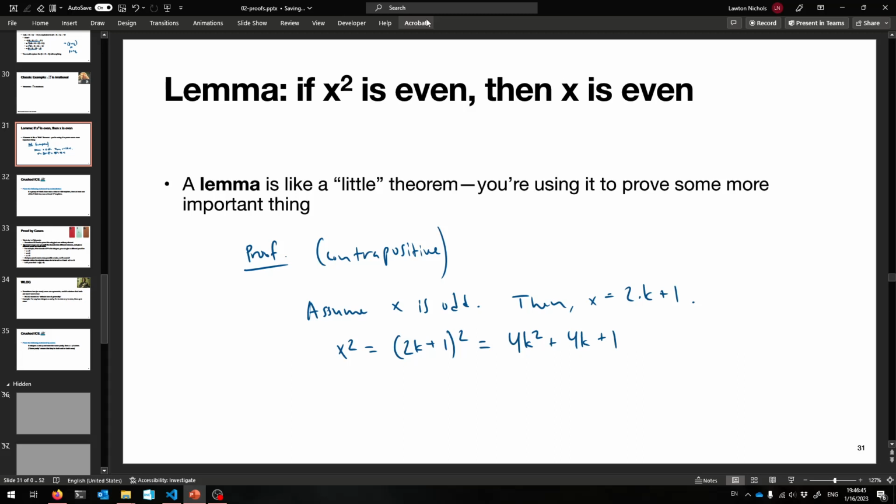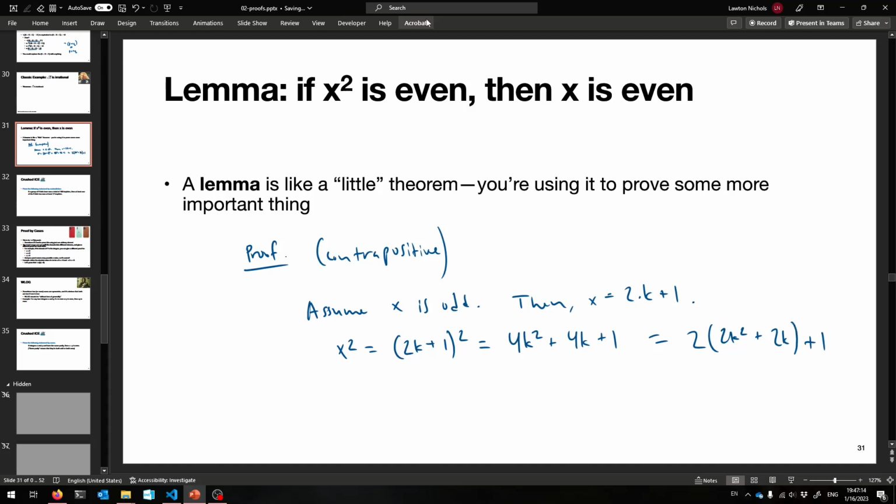So I need 2 times an integer plus 1. And that will prove that this number is odd, right? So let's factor out a 2. So this is equal to 2 times 2k squared plus 2k. And then I still have that plus 1 over here.